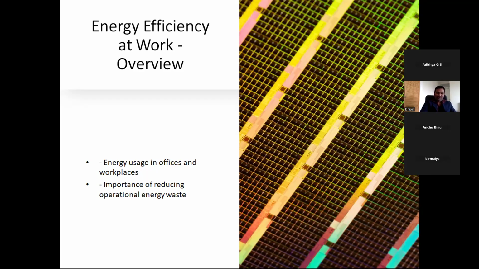And now, coming back to the topic, energy efficiency at work overview: energy usage in offices and workplaces, and the importance of reducing operational energy waste. We would have seen a lot of folks leaving their systems turned on for a long time, even when they are away from their desk.